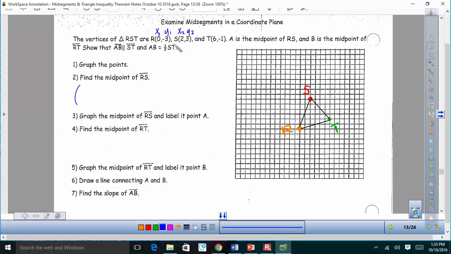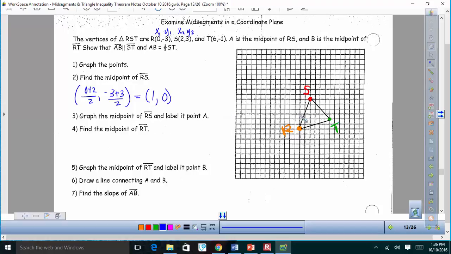We're going to do 0 plus 2 divided by 2, and negative 3 plus 3 divided by 2. So this would give me 2 over 2, which is 1, and this would give me 0 over 2, which is 0.